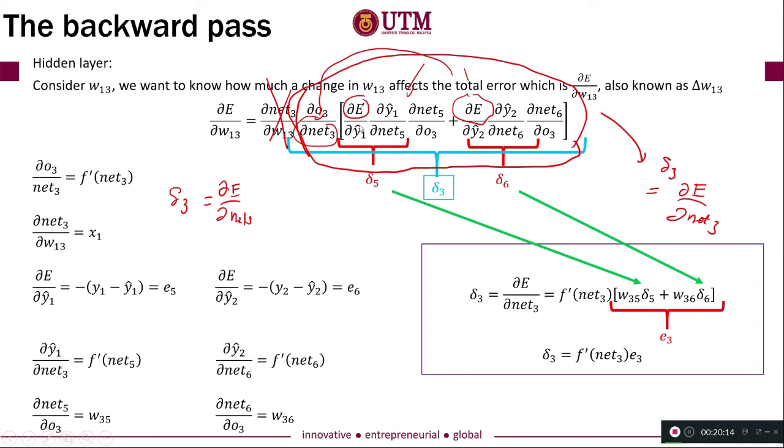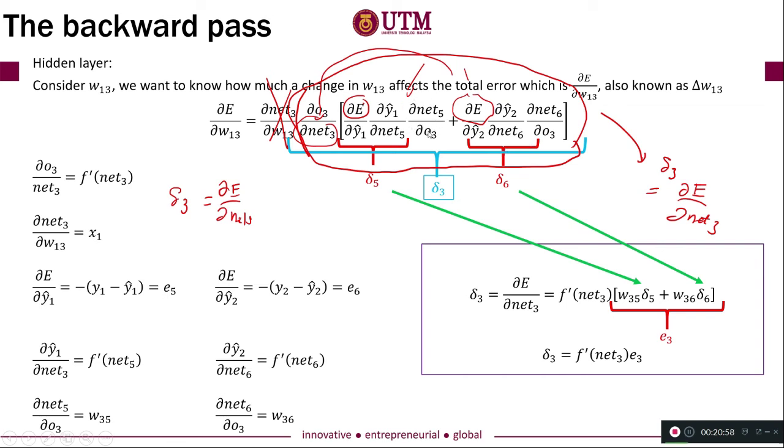So if I replace that in this expression, then this one will put it here, this one is put here, and then del E over del y1 hit is that one is this one. Since you already know this is your delta 5, this is your delta 6.